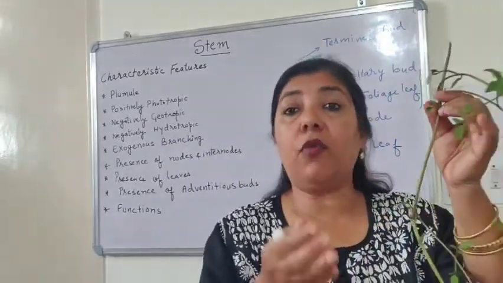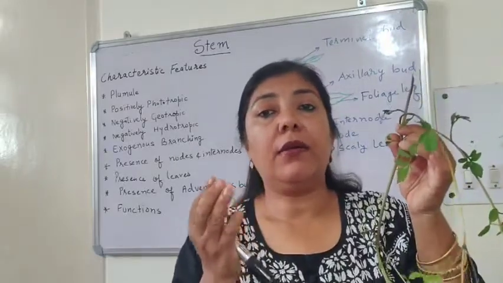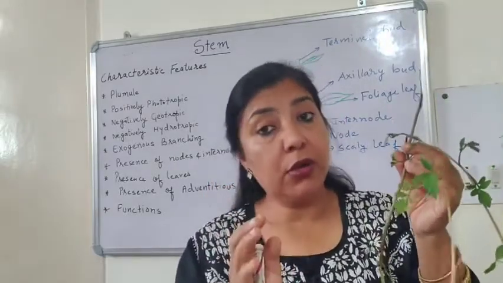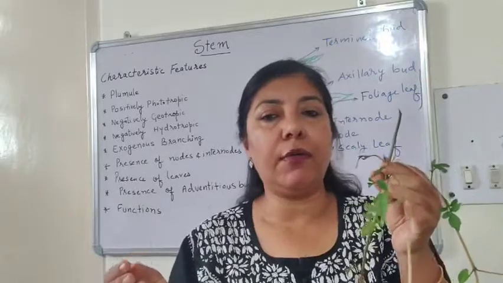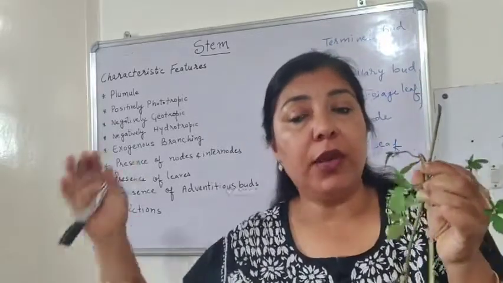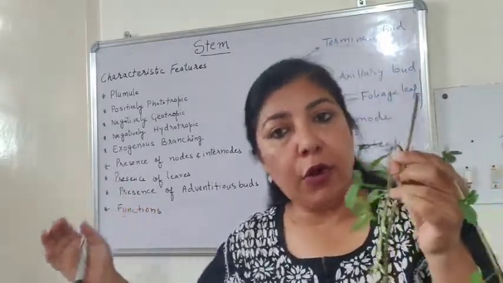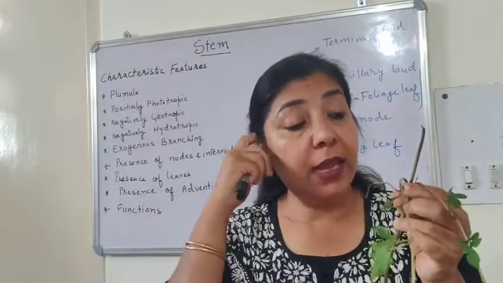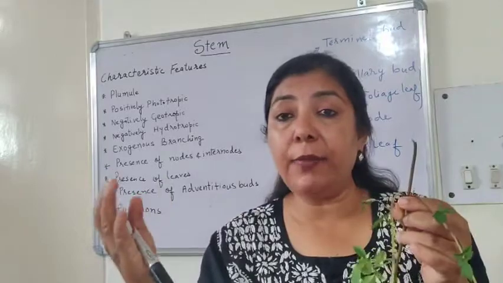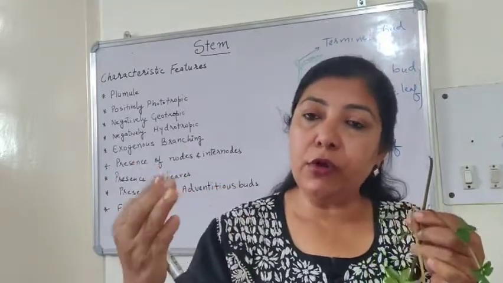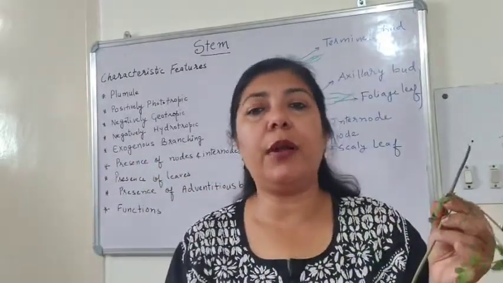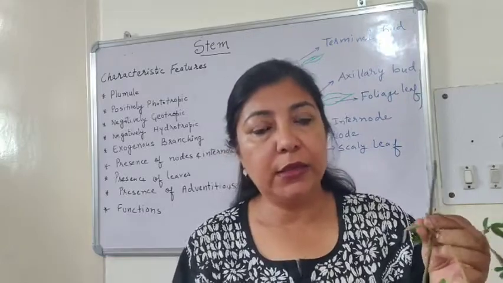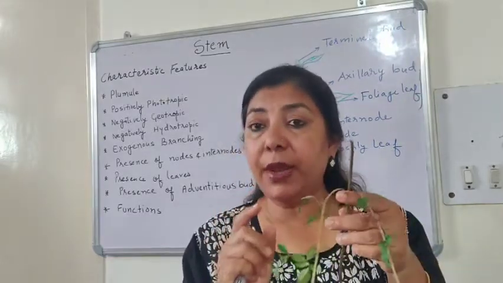It conducts the water and minerals. Also, it helps in transportation of food. So it will conduct the water from the root towards the leaves, and then it will also help in transportation of the food from the leaves to the other part of the body of the plant. So that is the main function.